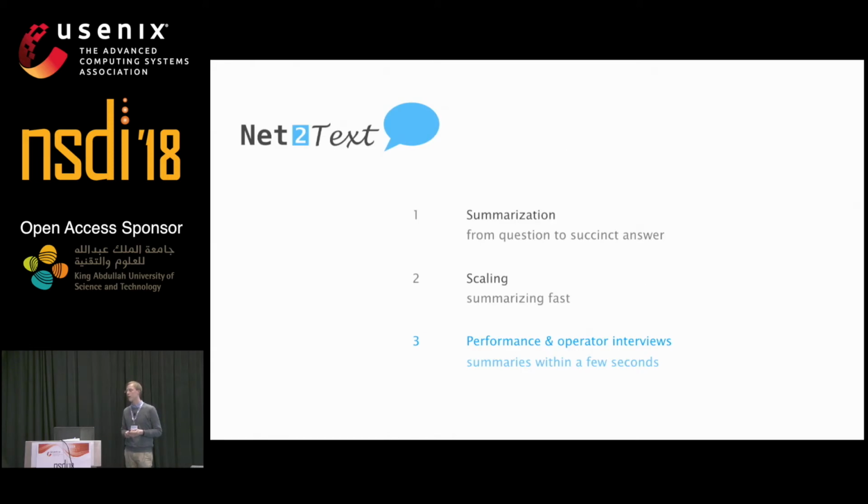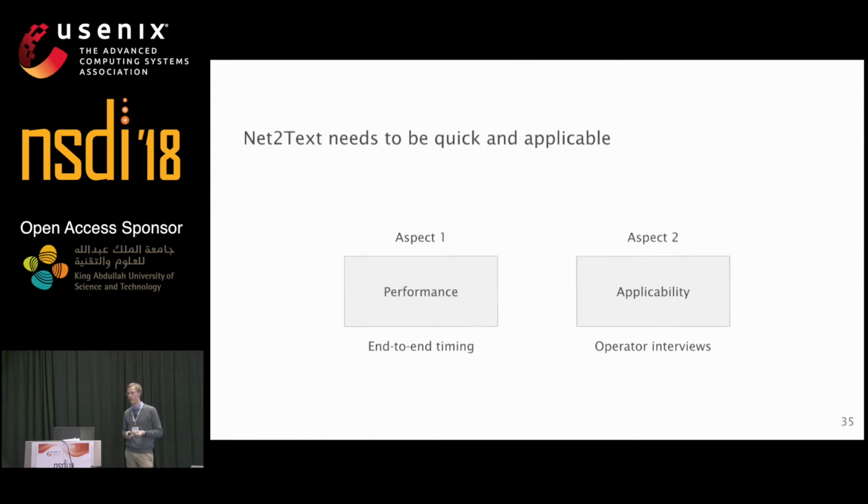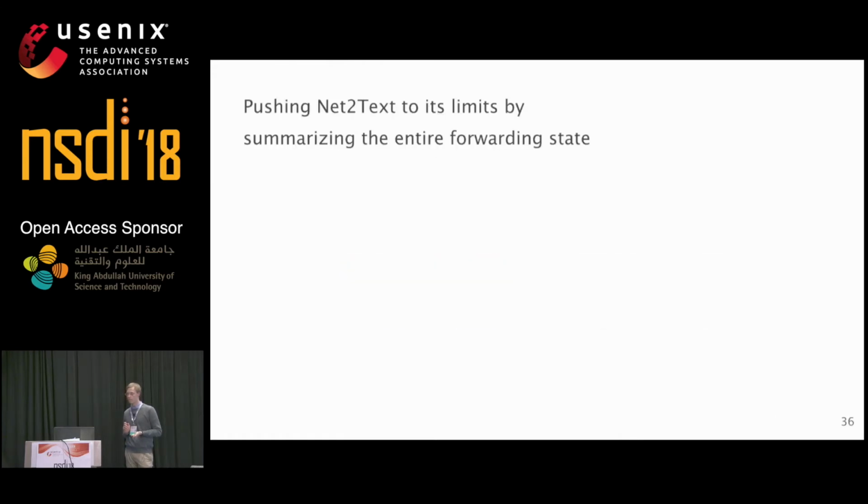So let's look at how Net2Text actually performed and what network operators thought about it. First, we'll look at the end-to-end timing from question to answer, and second, at the operator interviews. We tried to push Net2Text to its limits by asking it to explain the entire network forwarding state. So we asked the most general question, how is traffic being forwarded?